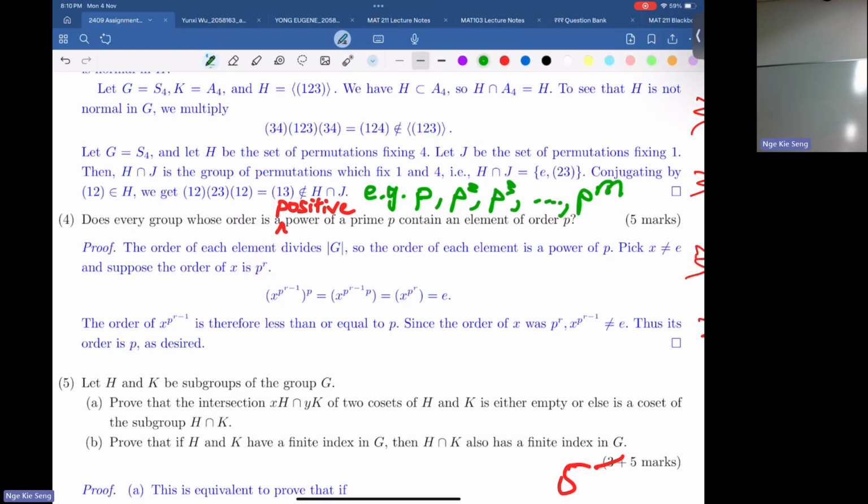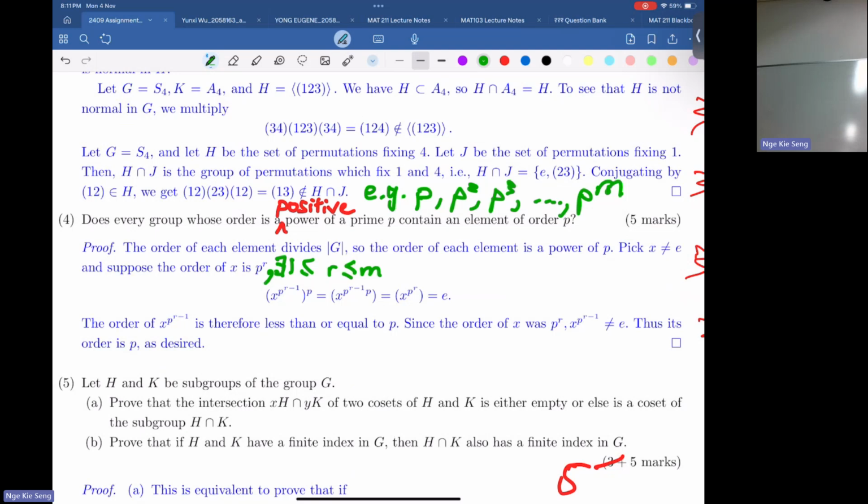This r here should be less than or equal to the order of your G. Okay, so this r here could be less than or equal to that and greater than or equal to 1. Okay, for some r that exists. Okay, very important quantifier. Then the claim is x to the p^(r-1) is the order p element.